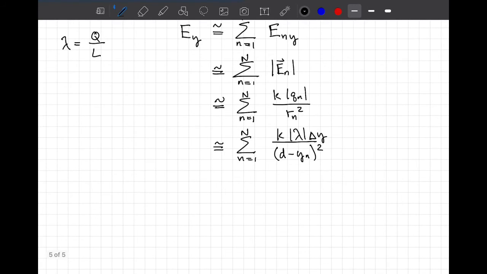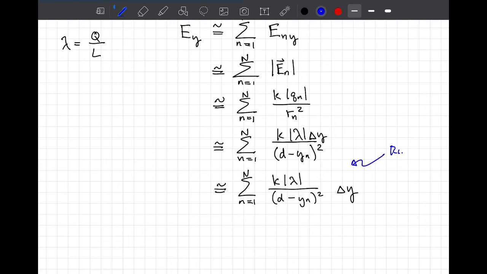Okay, so I can rewrite this a little bit, but basically I'm done with the construction of the integral. And that's because I've arrived exactly where I wanted to. I've arrived at a function of y sub n multiplying delta y. This thing is a Riemann sum.